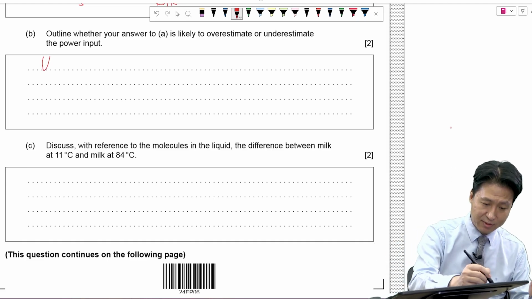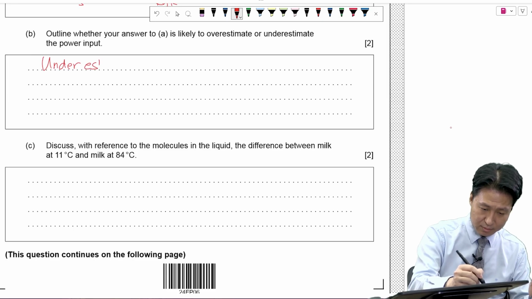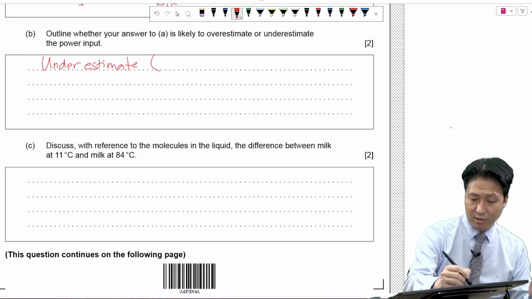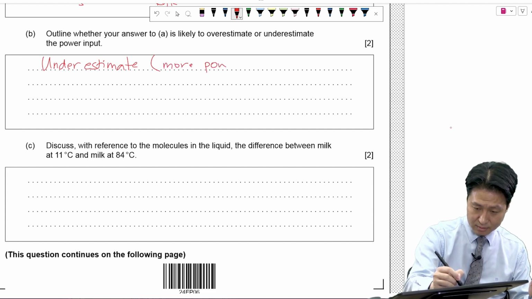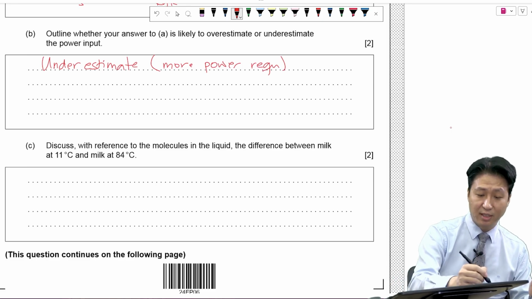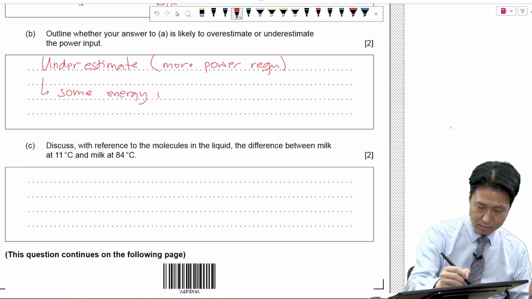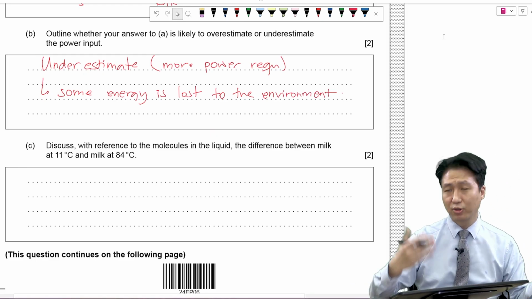So this is an underestimate, because more power is required, because some of the energy is lost to thermal energy transfers to the environment, or surroundings.